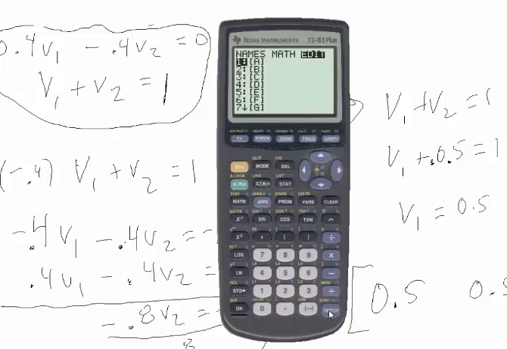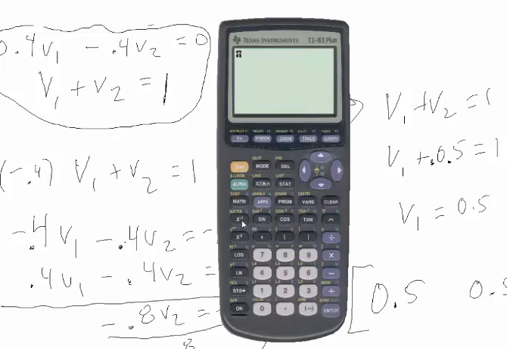I can edit matrix A. It's going to be a 2 by 3 matrix. First equation is 0.4, negative 0.4, 0. Second equation, 1, 1, 1.